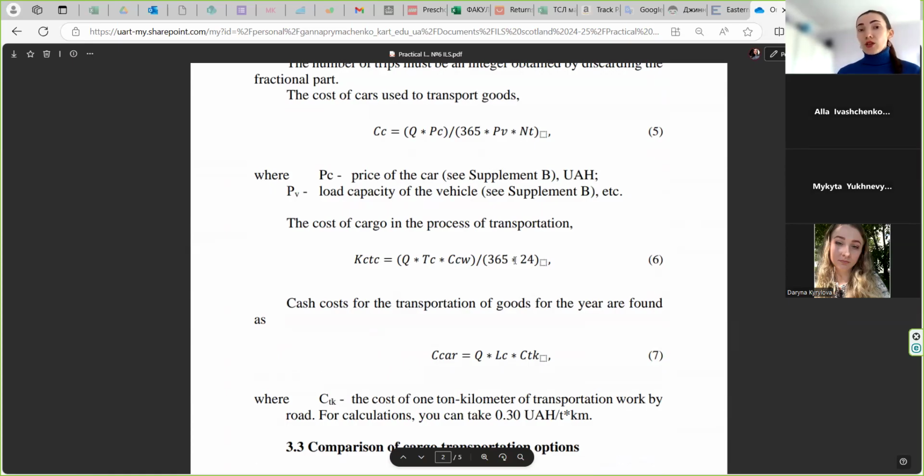So write is equal to, and calculate the cost of cargo in the process of transportation for our roads.